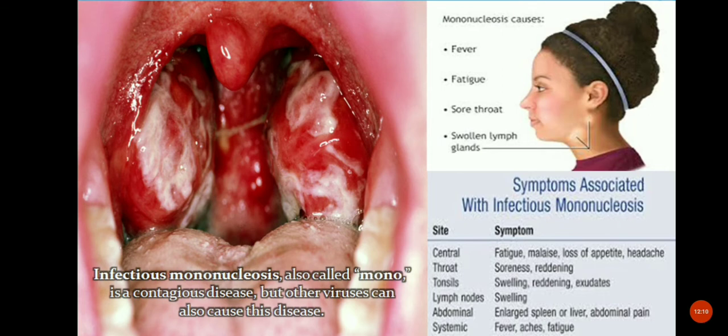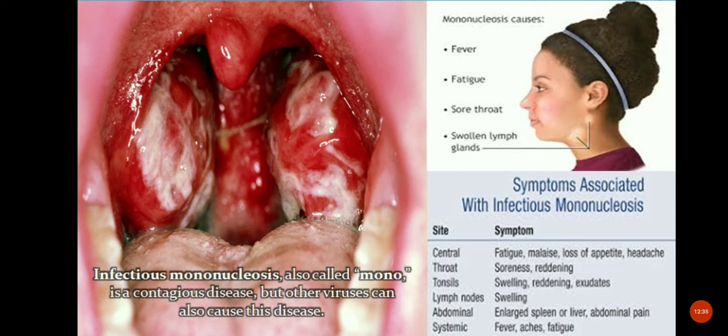Next is infectious mononucleosis. Infectious mononucleosis is caused by the Epstein-Barr virus or EBV, which is also associated with certain forms of cancer such as lymphoma.